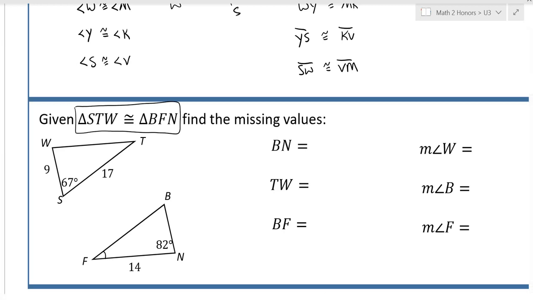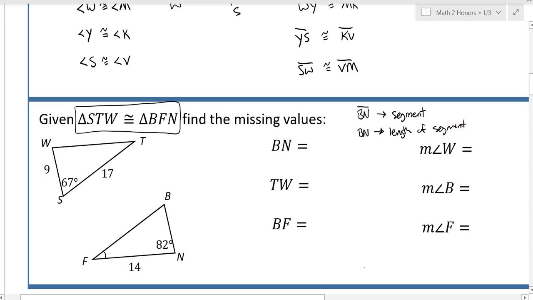Now, notice the notation here is different. BN does not have a line across from the top. So if I do BN with a little segment above, that's talking about the segment itself. But if I go BN without the top, that's talking about the length of the segment.